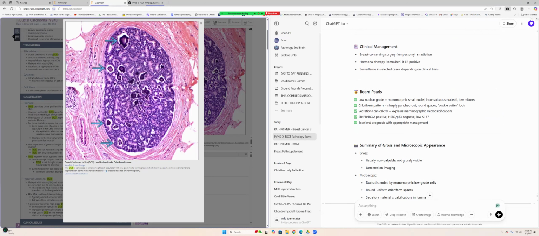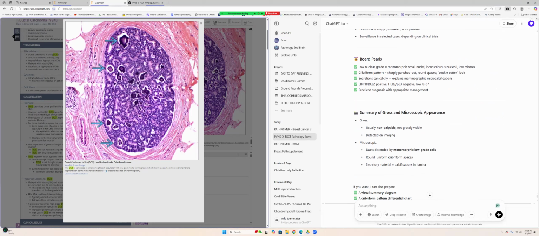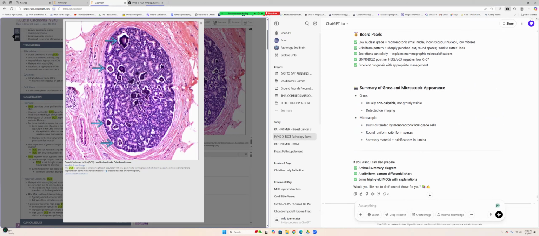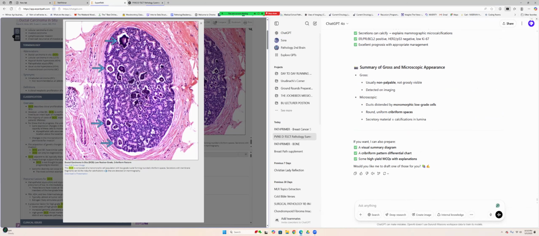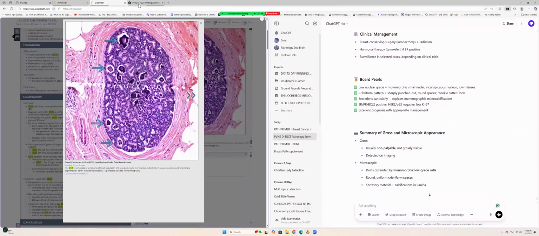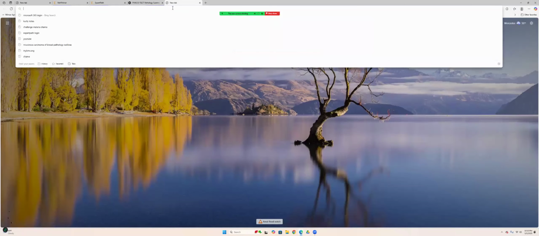Okay, so we can do P63 then. How do you differentiate it from collagenous spherulosis? Do you remember what collagenous spherulosis is?